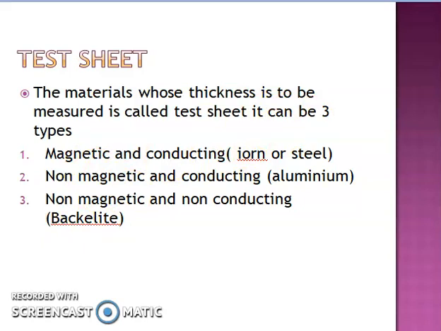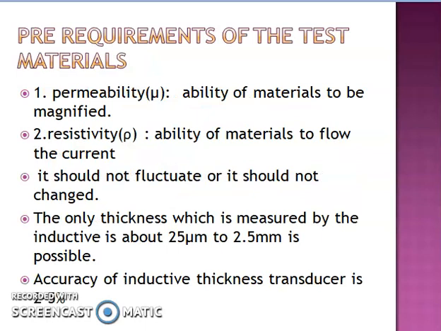So there are some pre-requirements that the test materials have to satisfy. The first one is permeability. The ability of the material to be magnetized is called permeability and it is denoted by mu. The second one is resistivity. The ability of the material to resist the flow of current is called resistivity and it is denoted by rho.